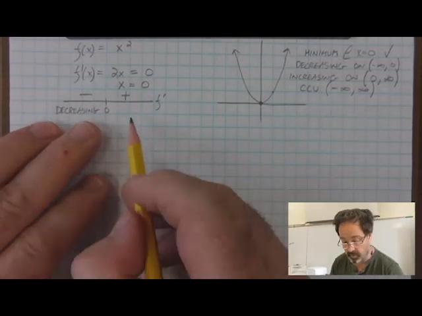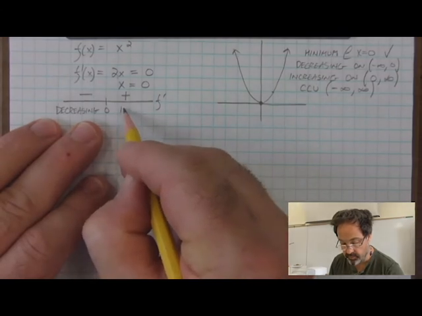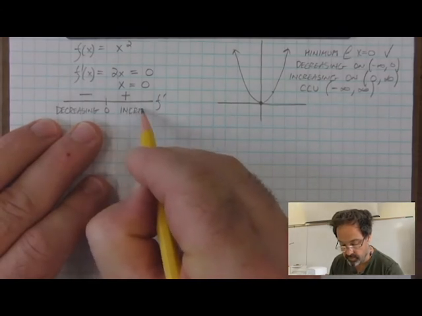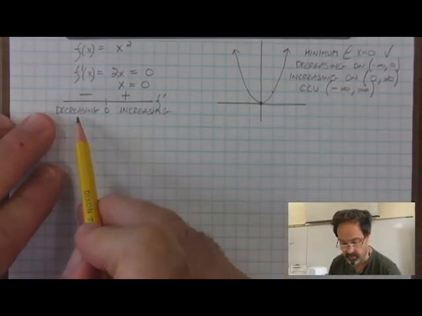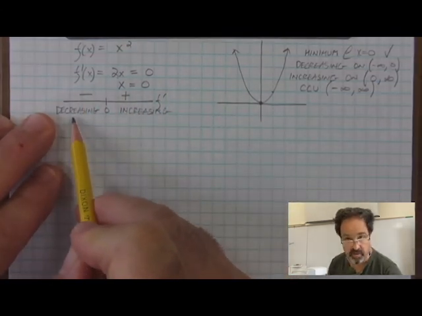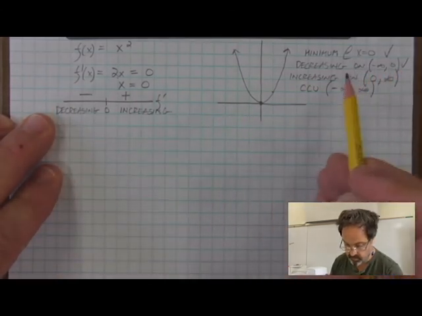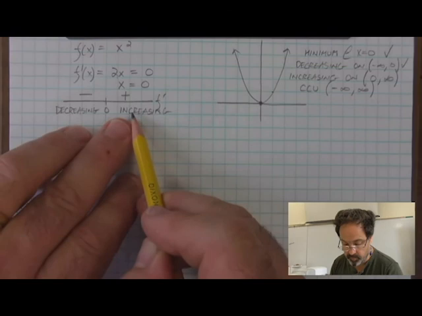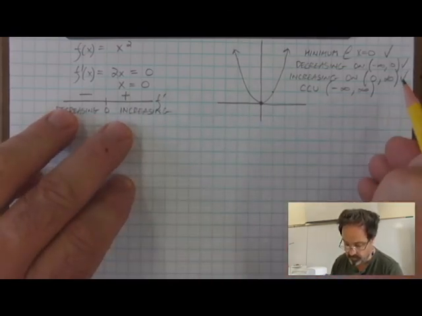And to show where a function is increasing, you show where the derivative is positive. This sign line is showing that I have a negative derivative, so it's decreasing from negative infinity to 0, which I've stated here, and the derivative is positive from 0 to infinity, which I stated here.